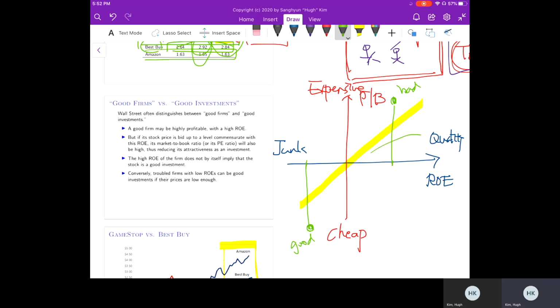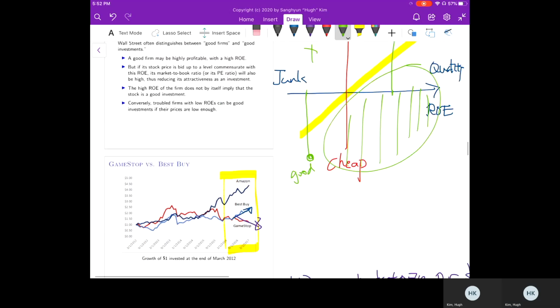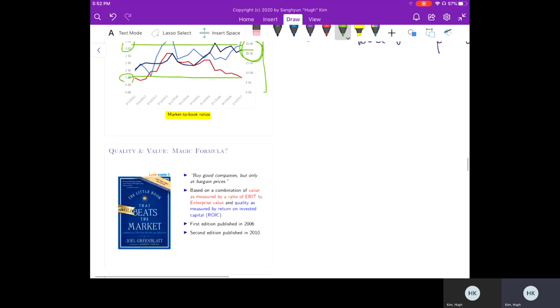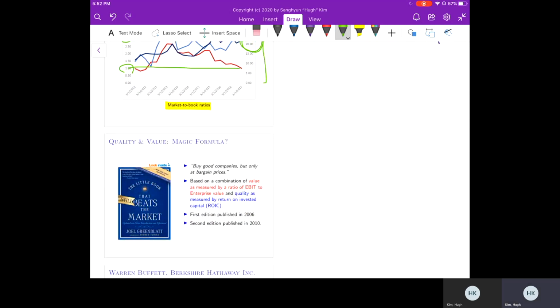So we want to find companies that are on this side, not on this side. So we have to combine value and quality. We have to consider both dimensions to determine whether a certain firm is a good investment.